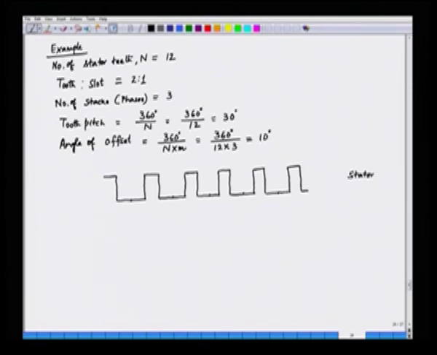And this angle, the tooth pitch in this case, is 30 degrees. This is a tooth and this is a slot. This is the stator surface.